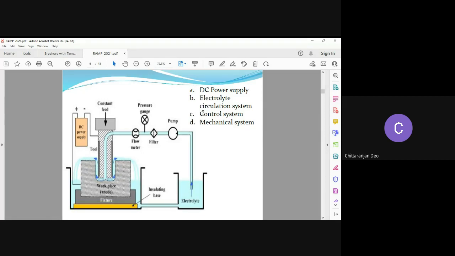Therefore, electrolyte flow speed should be high. Commonly, it ranges from 300 to 3000 meters per minute. The inlet pressure should be between 0.15 and 3 megapascals.